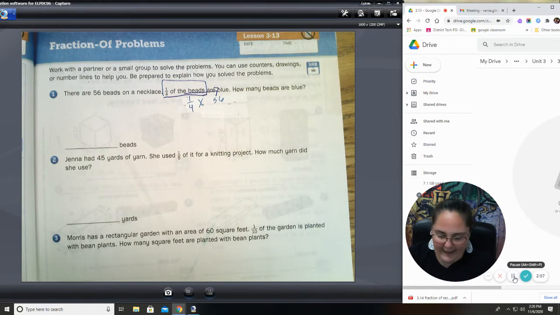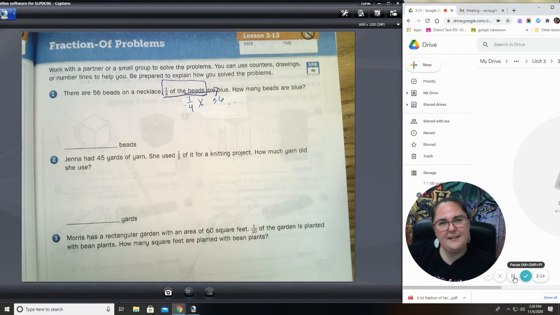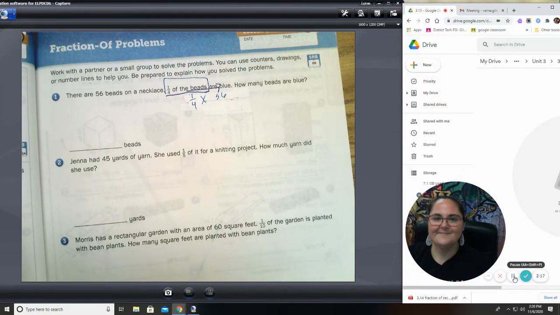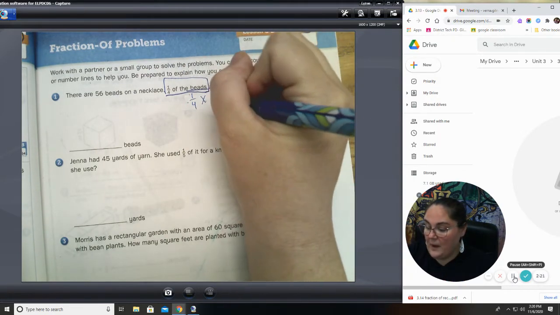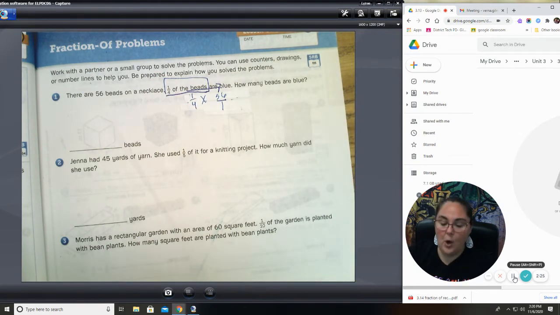So now it's time to do the math. Oh, but wait, I can't. What do I need to do to that 56 in order to multiply straight across? How do I need to change it? Well, you have to put it over 1. Anytime you are working with a whole number, the way that you make it into a fraction is you put it over 1.